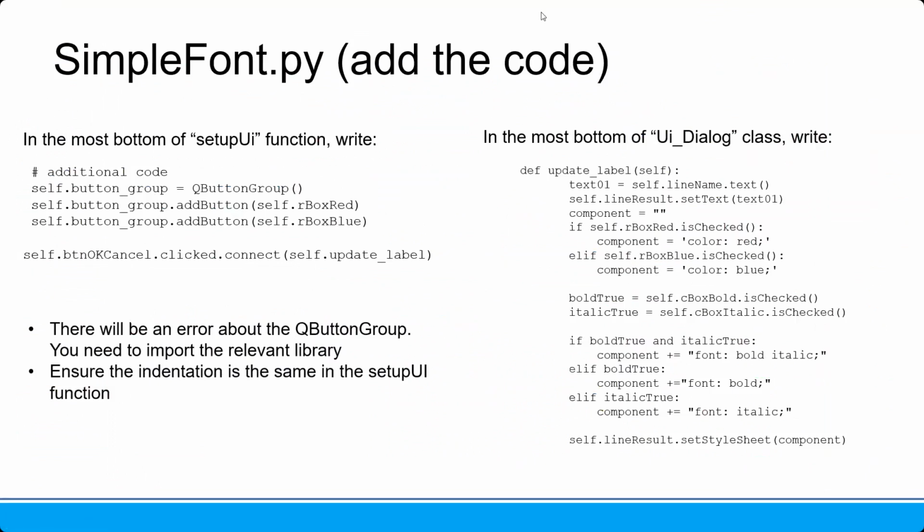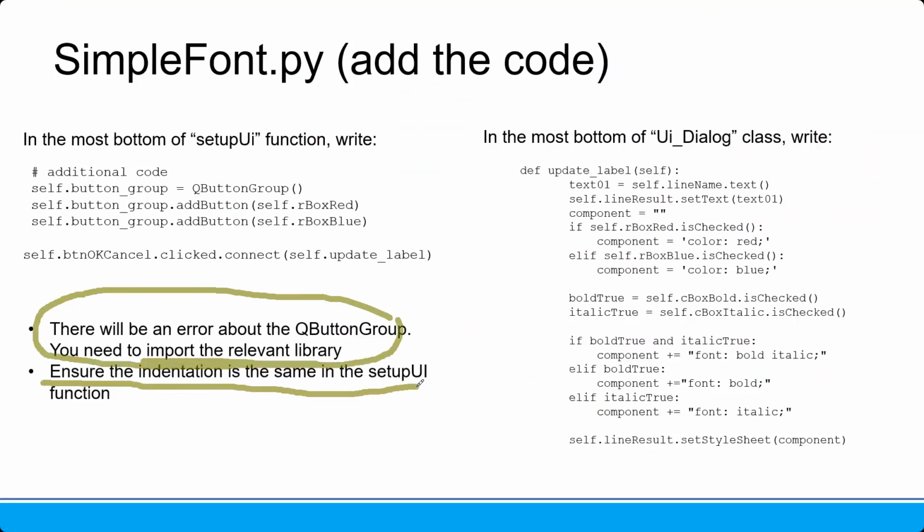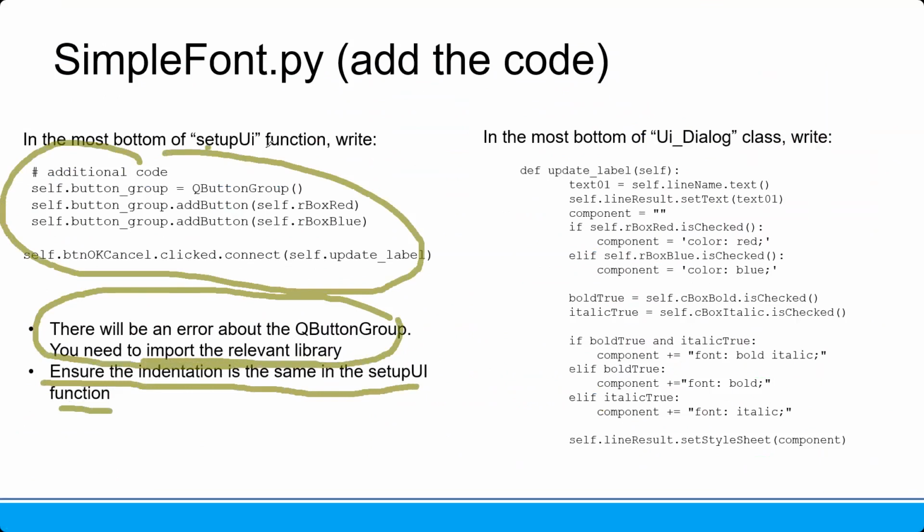So I mentioned here one, there will be an error about the Q button group. So you need to import the relevant library and ensure the indentation is the same in the setup UI function. Okay, so this indentation should be the same with the setup UI.